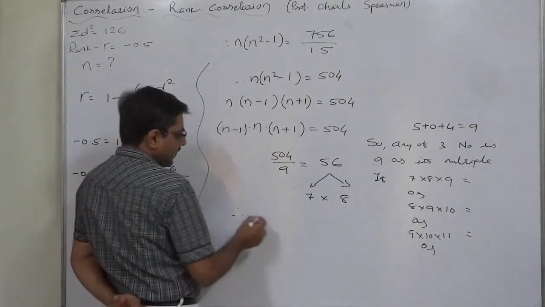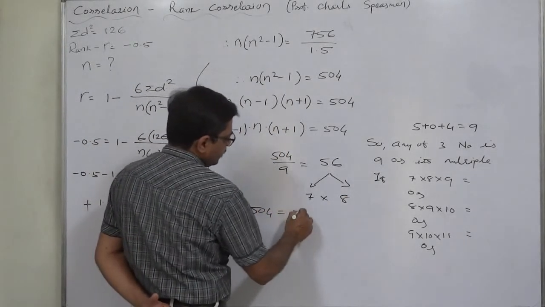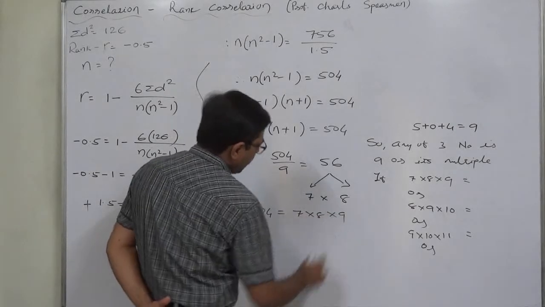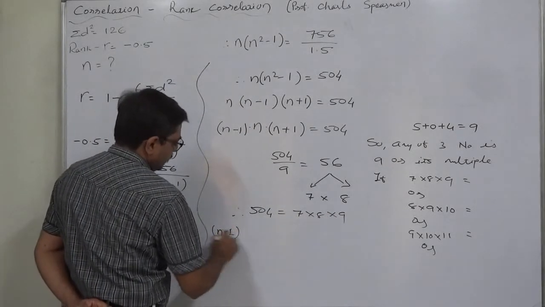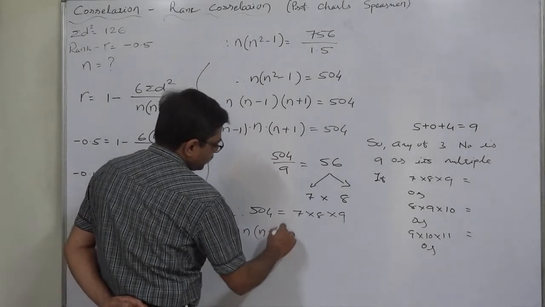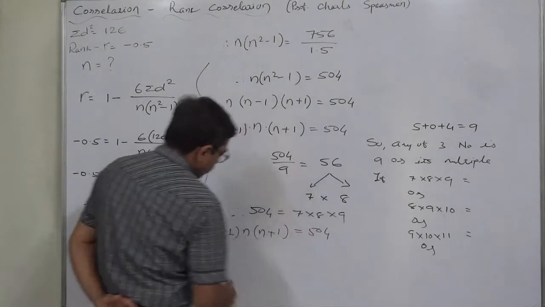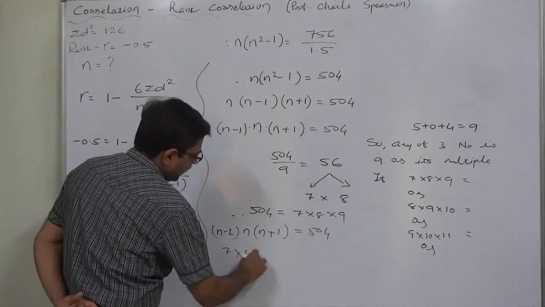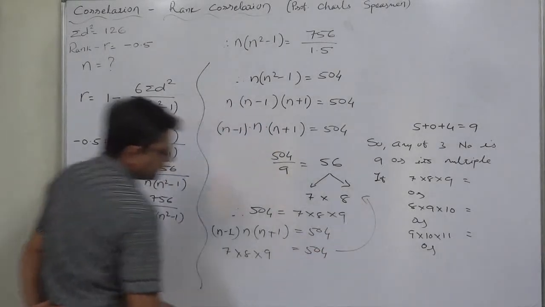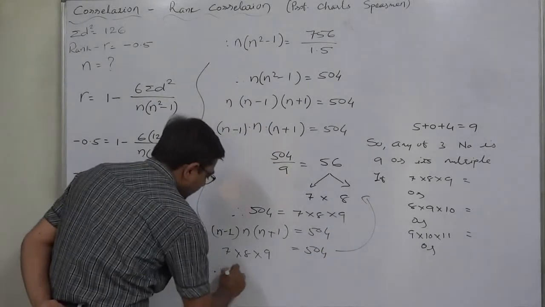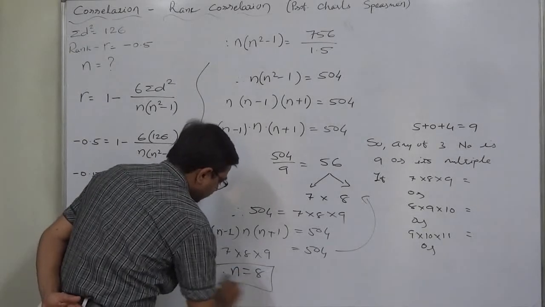So we can say that 504 is 7 into 8 into 9. Now therefore n minus 1 into n into n plus 1 is 504. So it is 7 into 8 into 9 equals 504 according to this process. So we can say that n is 8 in this case.